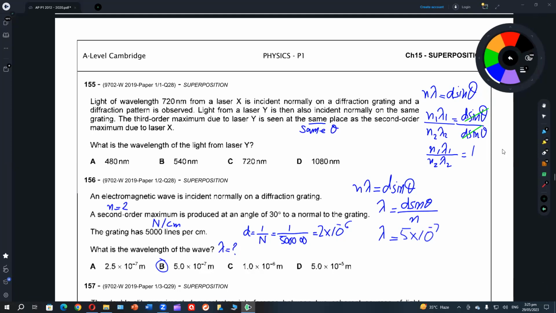The third order maximum is seen as a second order of X. So I put 2 here and I put 720 here.